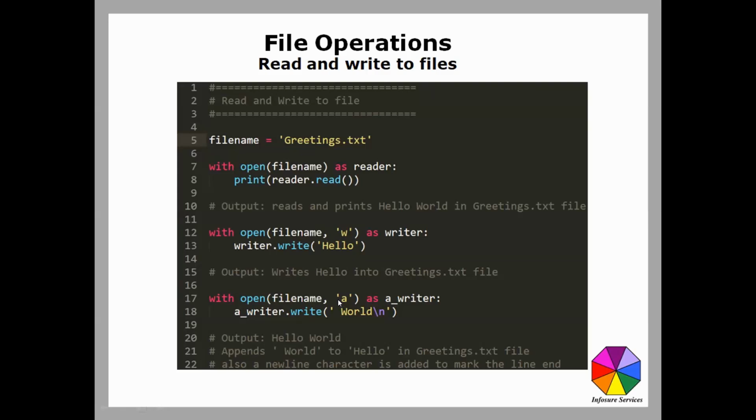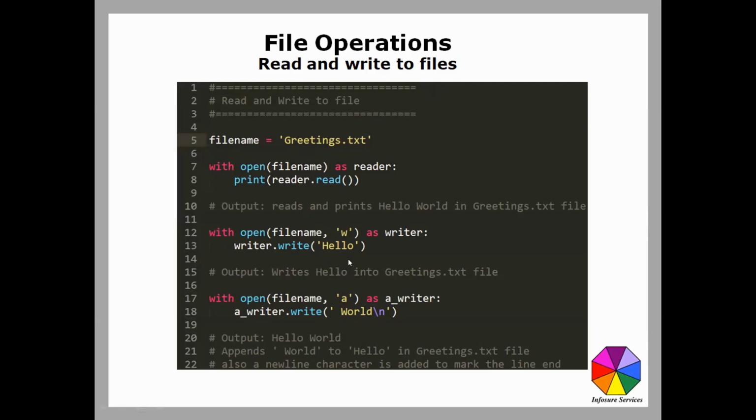So the file is already existing. Let's say we have written that file with one line called hello. It's already existing, and the handle to this open file is given an alias a underscore writer. A underscore writer dot write will write this content here.